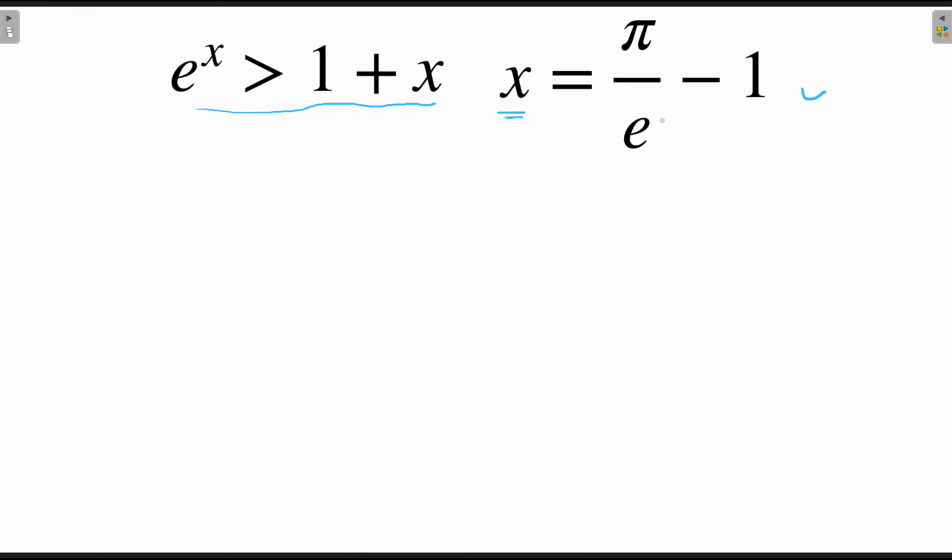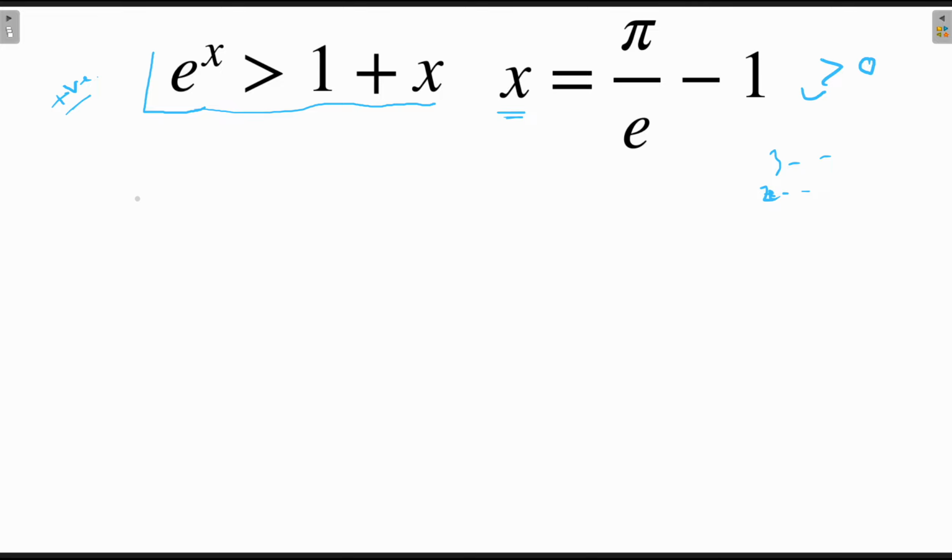This value is positive, you can check: pi is 3 point something and e is 2 point something, so pi by e is bigger than 1, and pi by e minus 1 is positive. This is important because the inequality is valid only for positive x; for negatives it may not be valid.